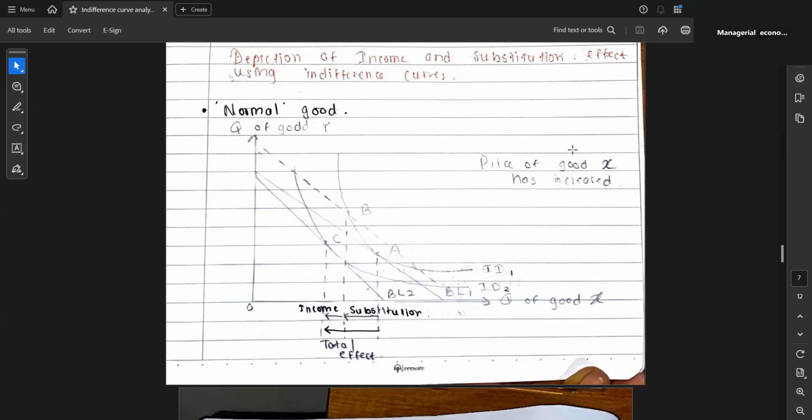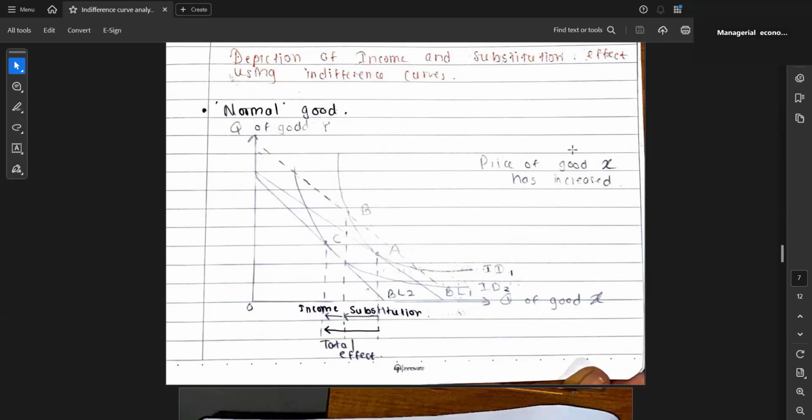So first, the substitution effect. As I said earlier, we are assuming there are only two goods in the economy. So the consumer would have to substitute good X for good Y or good Y for good X. Those are the only substitution options the consumer has. The consumer would like to stay on the same indifference curve.